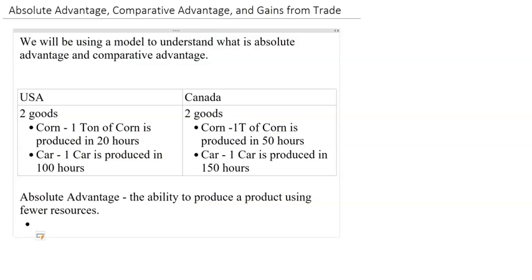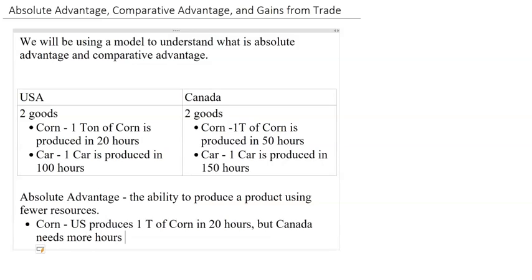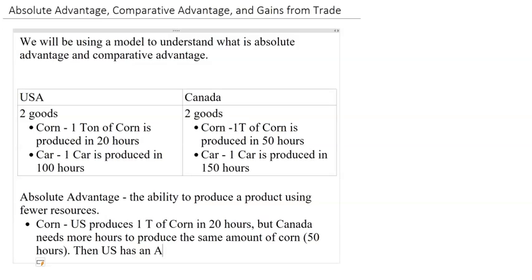In this case, if I look at corn, and I'm comparing the US and Canada, I can see that the US produces 1 ton of corn in 20 hours, but Canada needs more hours to produce the same amount of corn, and in parentheses, I'll write 50 hours. So in our case, the US has an absolute advantage in corn.